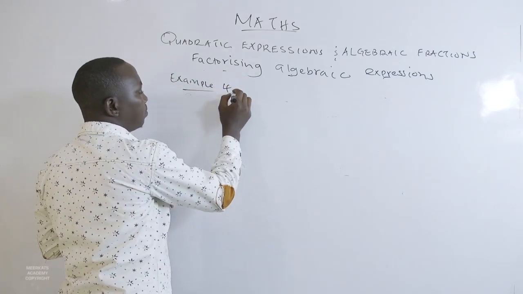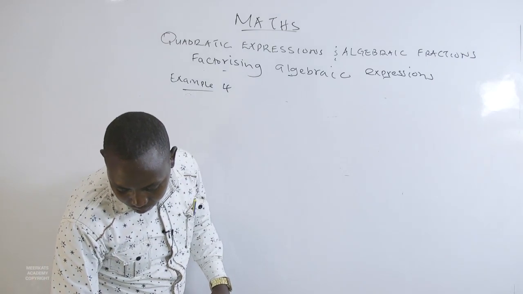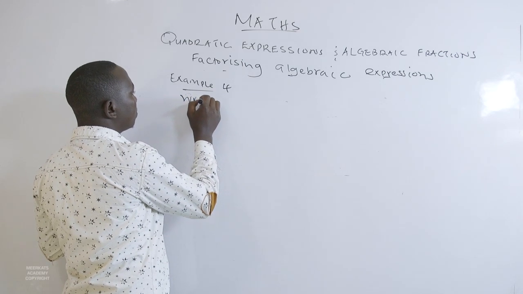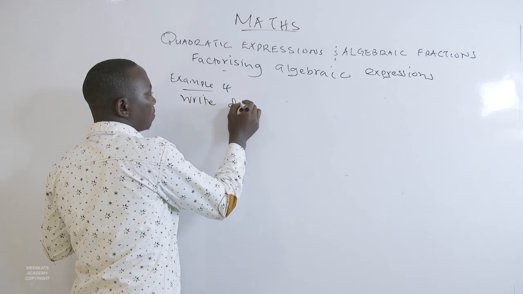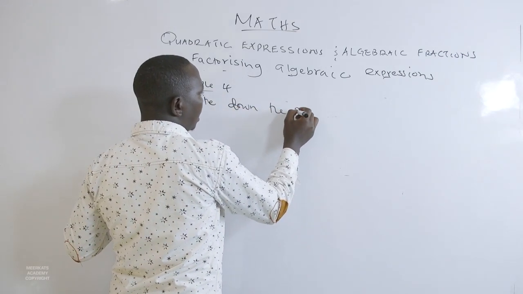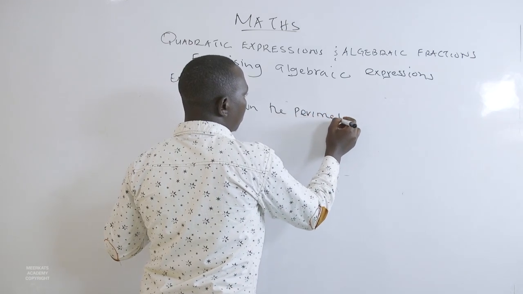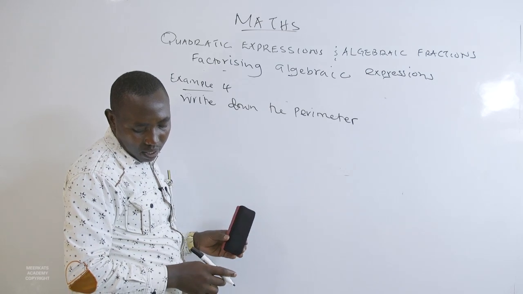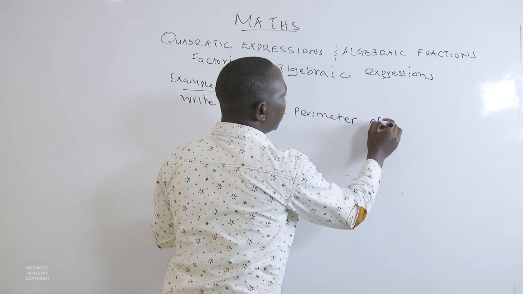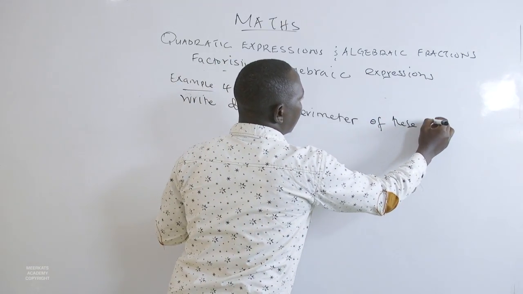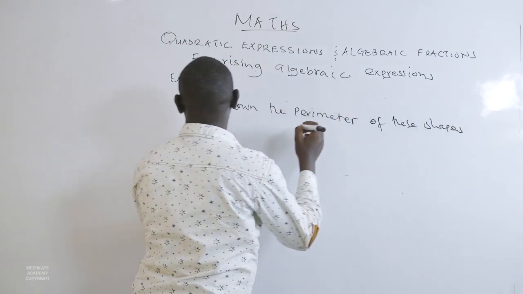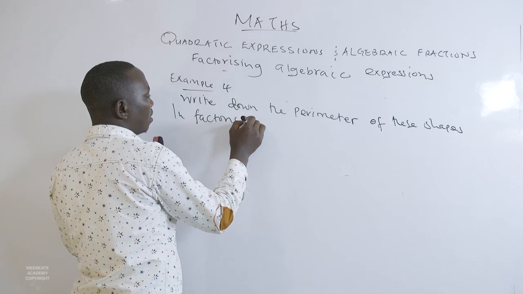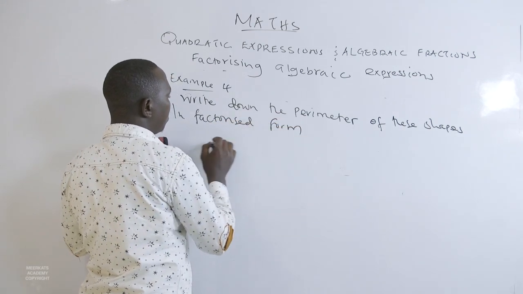Example 4. Write down the perimeter of these shapes in factorized form.